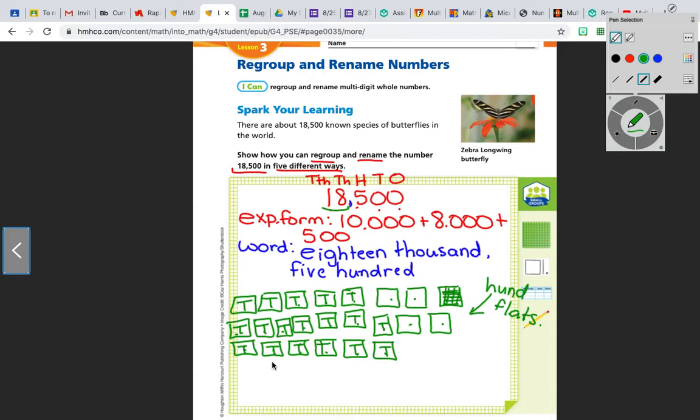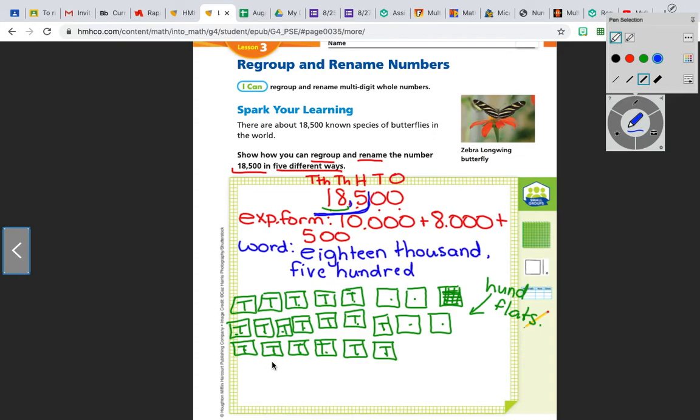Another way is to rename the number. So if we're looking at these numbers, I can say I have 18,500, but I could also rename it. I can name it as, and I circle it, scoop it up, so this is my hundreds.